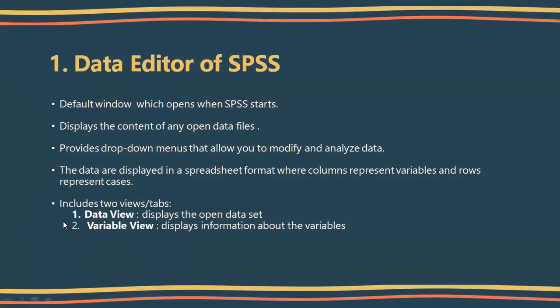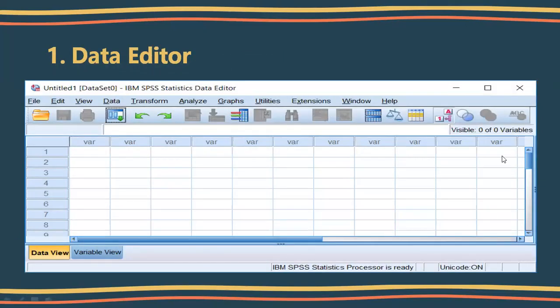The data editor has two tabs, the data view and the variable view, and it is the default window which opens when you open SPSS. This is how the data editor looks. You can see the two tabs, data view and variable view. These are the columns and rows where you can enter the data.